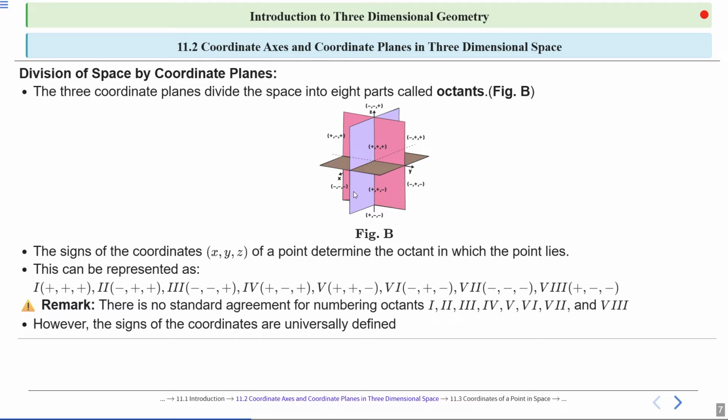However, the important thing is that the signs of the coordinates for each octant are always defined in the same way, no matter how the octants are numbered. So the sign pattern for x, y, and z in each region stays consistent.